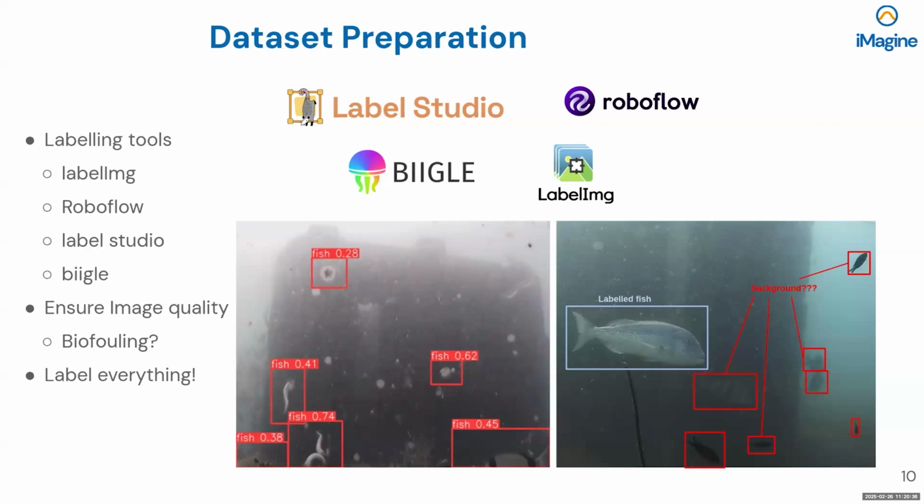And when you are labeling your data, if you are not labeling everything, then your model is going to confuse this background fish with the general background. So you have to label everything, which is not always easy, because sometimes not even the human eye can distinguish which kind of fish it is.